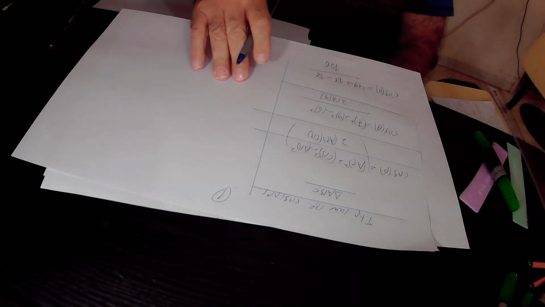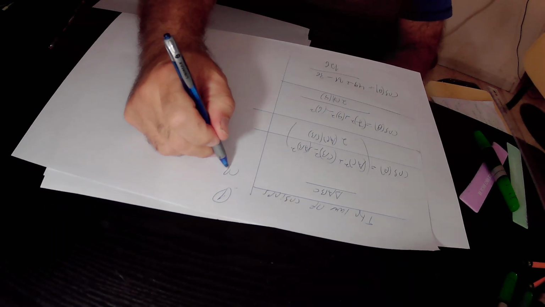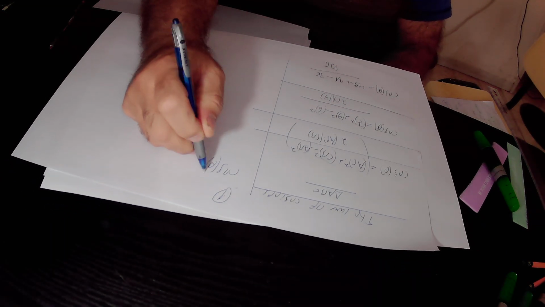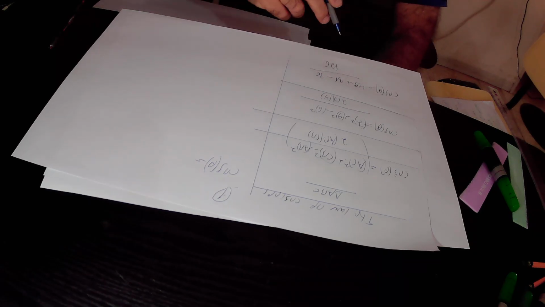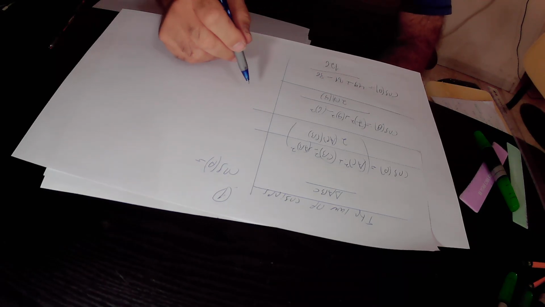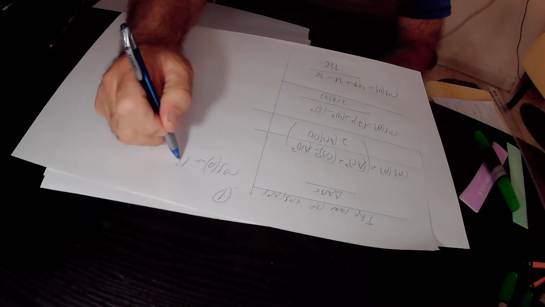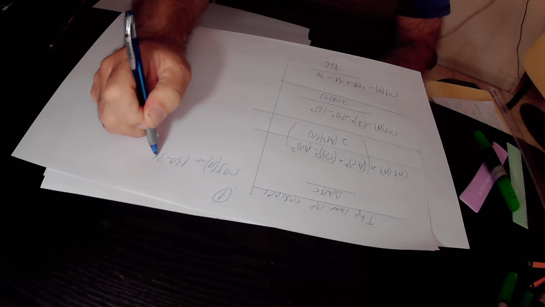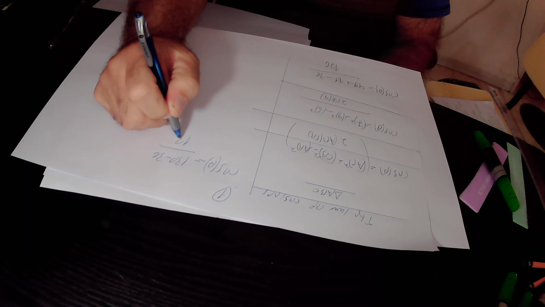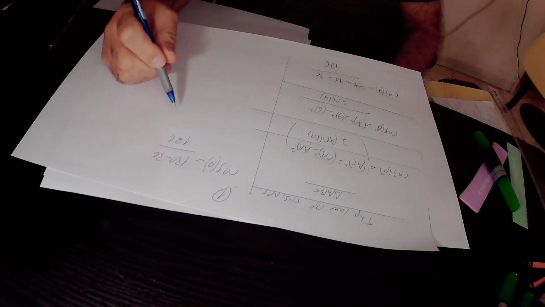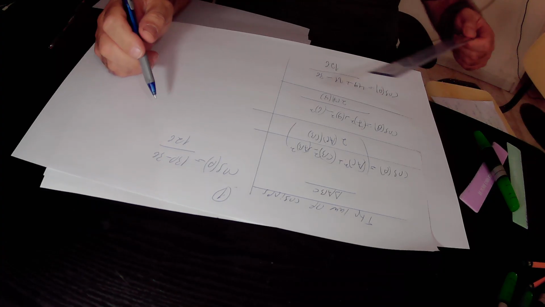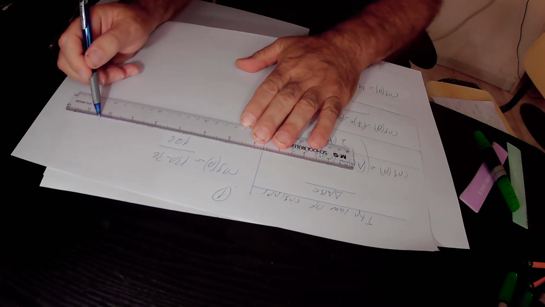So in total we found out that cosine theta equals 49 plus 81, which is 130, minus 36, over 126.